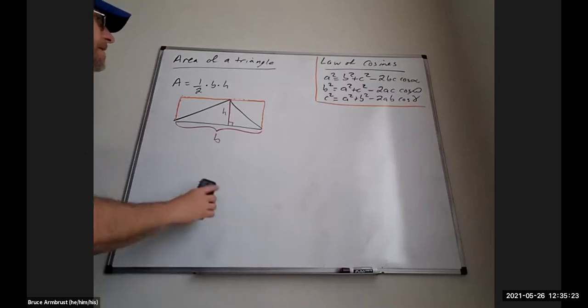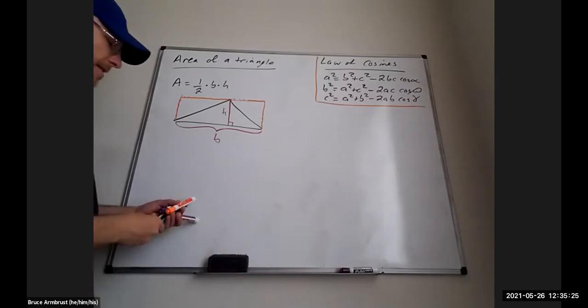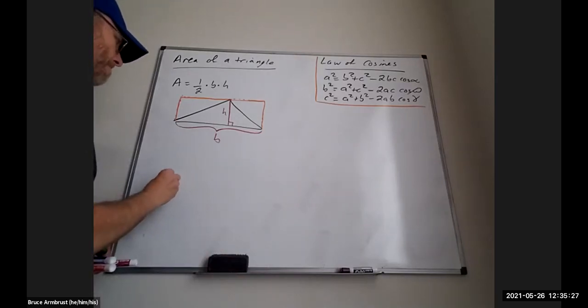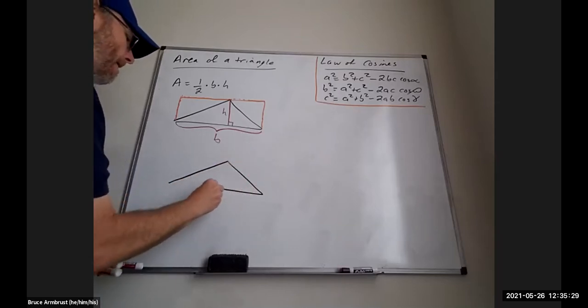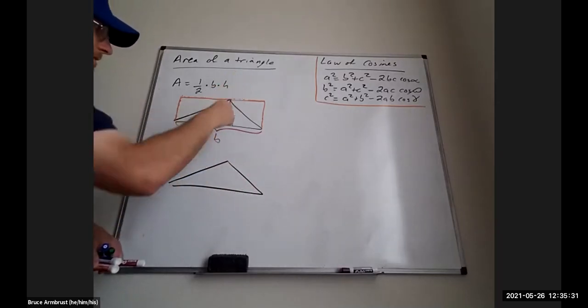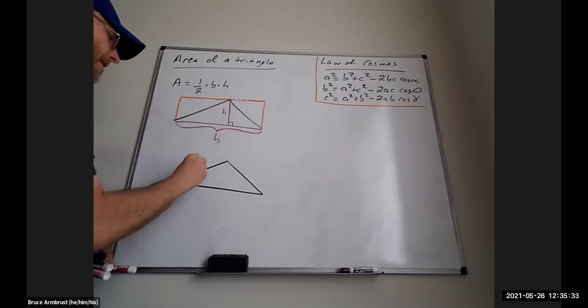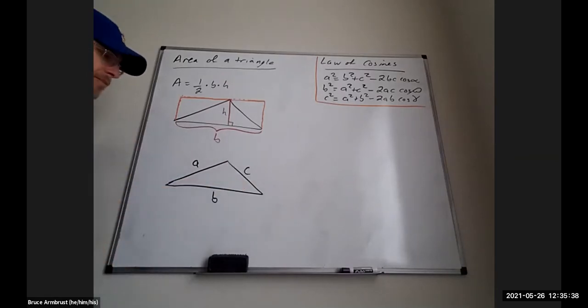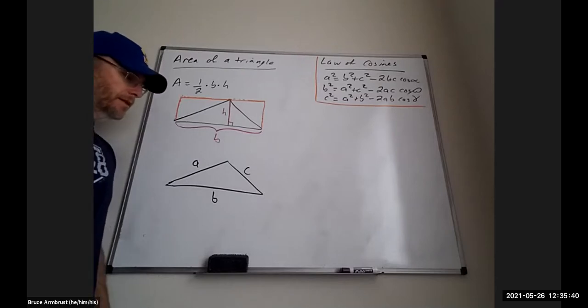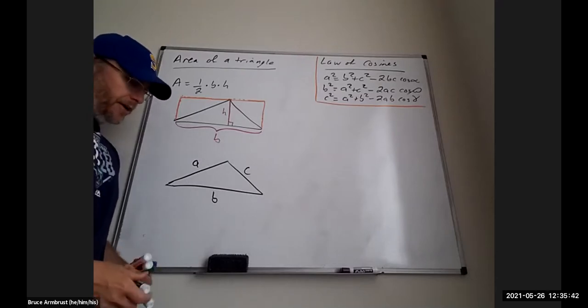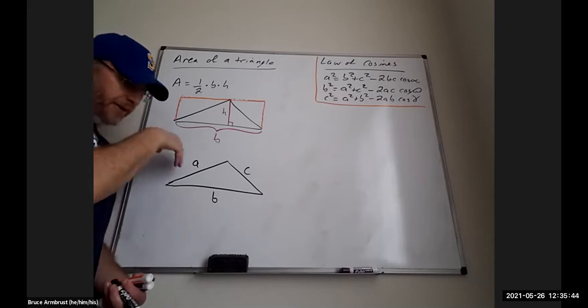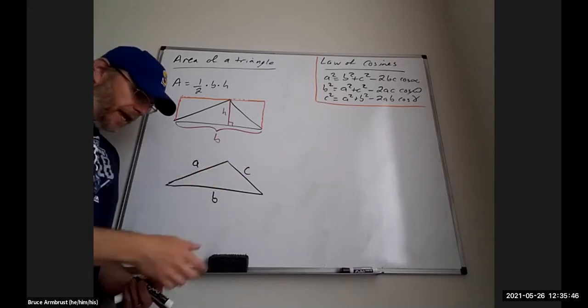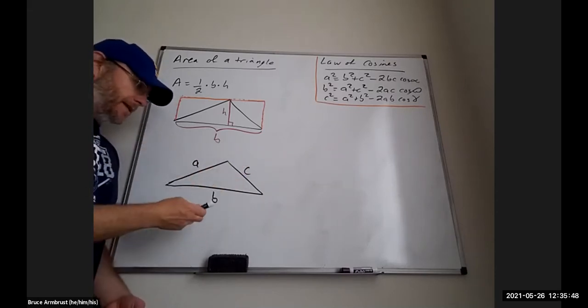Okay, so let me just redraw this picture, but without our craziness here. Let's just put in the A, B, and C. I want to be able to figure out the area knowing the side lengths or possibly the angles.